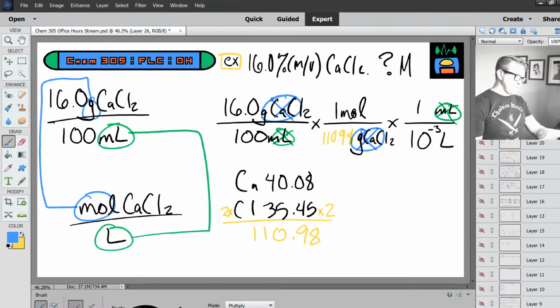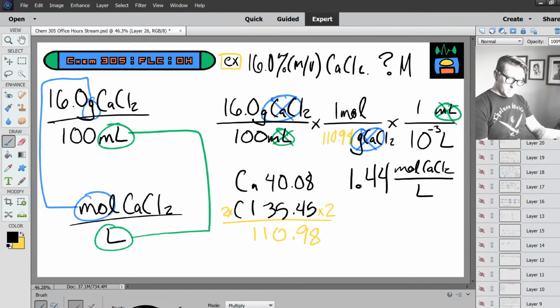16.0 divided by 100 divided by 110.98 divided by 10 to the negative third comes out to be, let's see, we can keep 3 sig figs? Yeah, 3 sig figs. 1.44 moles of calcium chloride per liter.